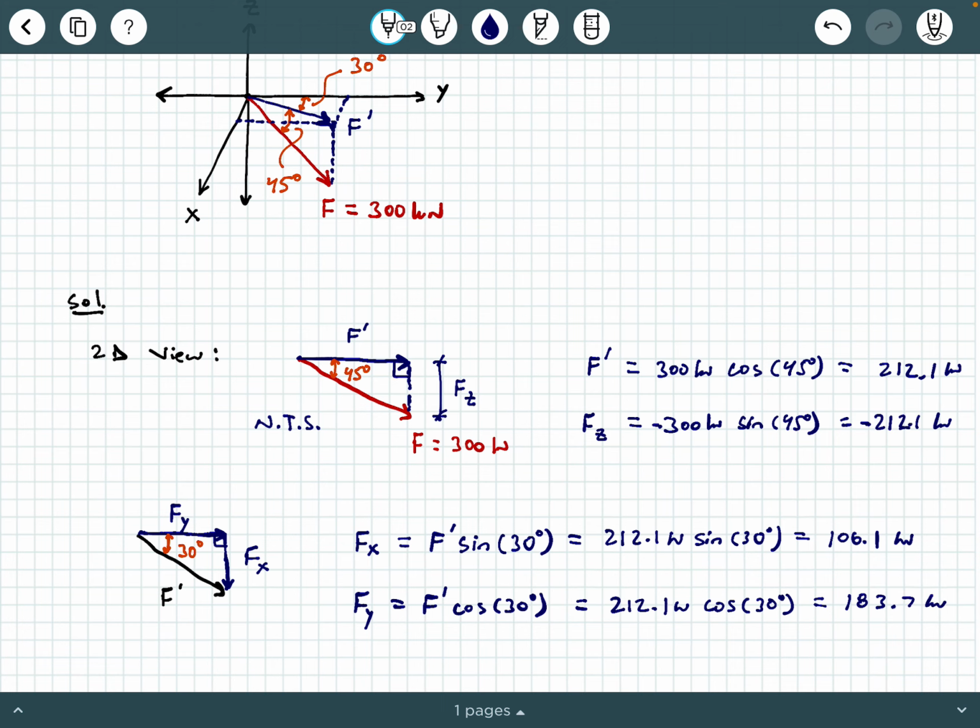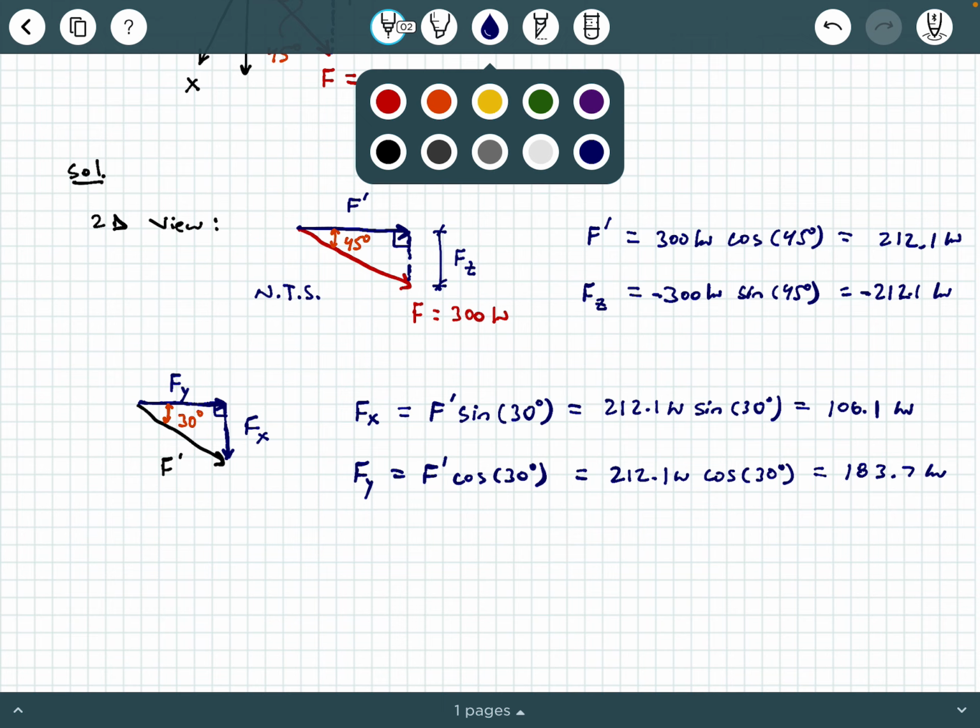So I'm almost done, okay? I've got each one of these components. I've got the z component first, and then I got the x and the y component. So where does this shadow or projected component come from, f prime? Well, again, I projected f into the xy plane, and I call that projection f prime, and then I used f prime to help me get fx and fy, all right?